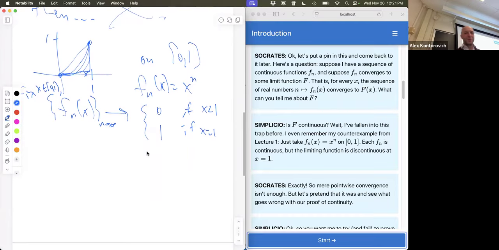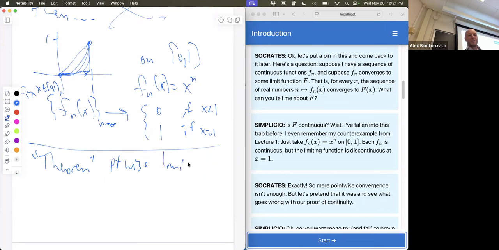All right. So we'll try to prove. So theorem, pointwise limit of continuous functions is continuous. Okay, it's theorem in quotes because it's not true.